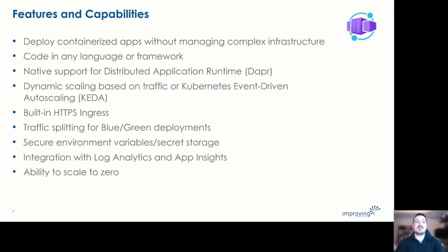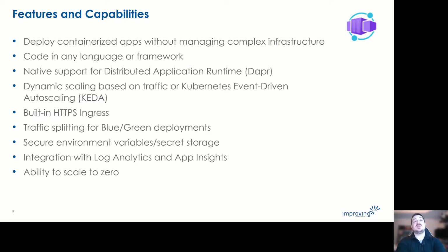So at a high level, some of the features and capabilities. Deploying containerized apps without managing complex infrastructure. There you go. One of the big complexities of Kubernetes is managing those nodes and all the infrastructure and networking. This abstracts that away and takes care of that for you. Again, code in any language or framework. If you've got it in a container, it will run.